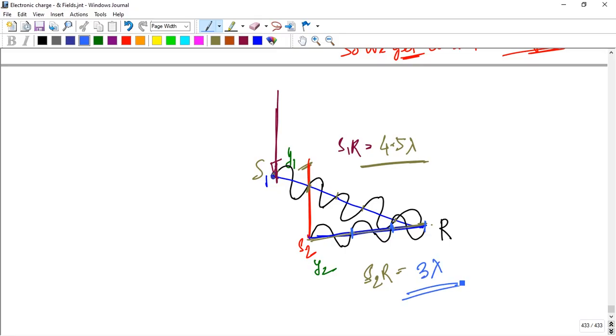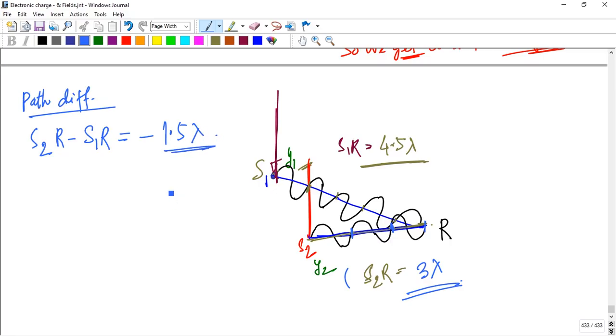So the path difference S2R minus S1R is 3 lambda minus 4.5 lambda, which gives minus 1.5 lambda. So what is the phase difference? 1 lambda means 2 pi, and 0.5 lambda is another pi, so 2 pi plus pi gives 3 pi. So minus 3 pi.